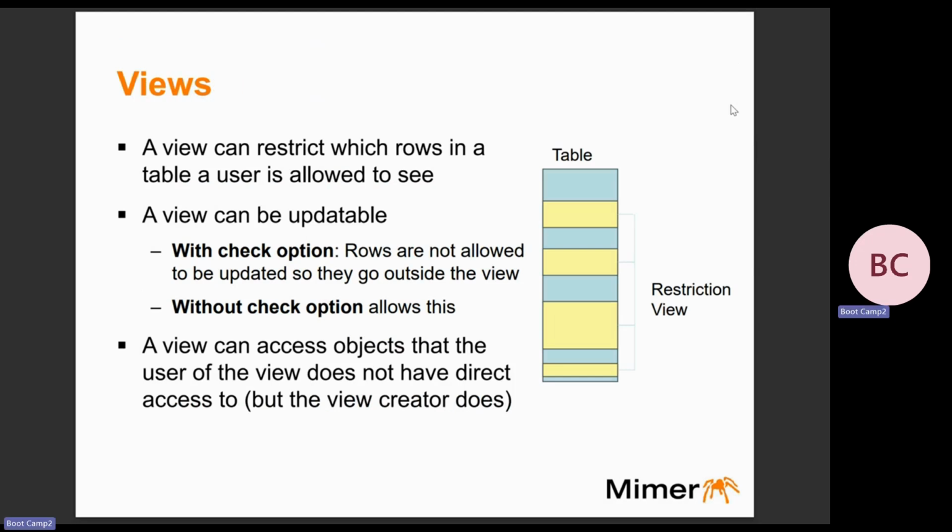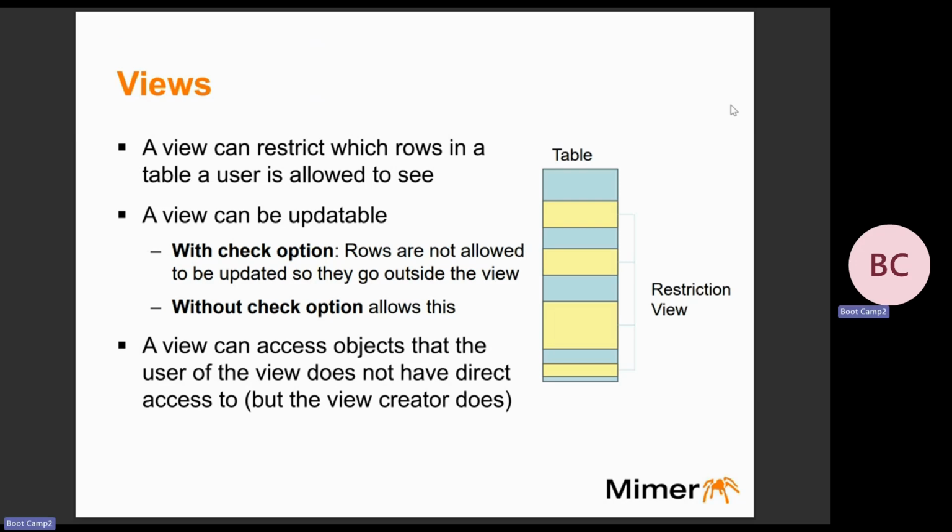As we said with a view, for example, here we have a table, and the table may be all the data, but the view is just showing the yellow parts here. So you can restrict down to a single element who can see what. When you have a view on a single table, it can be updatable.